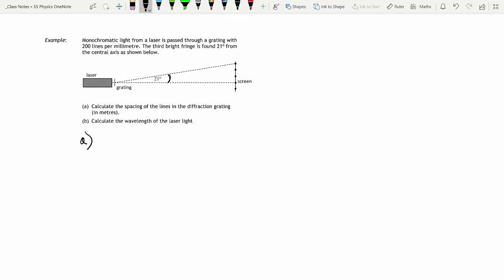So to find the spacing between those lines, if we've got 200 lines per millimeter, that means the distance between each line, so lowercase d because that's the distance between slits, is going to be 1 millimeter, so 0.001 meter, divided by 200.